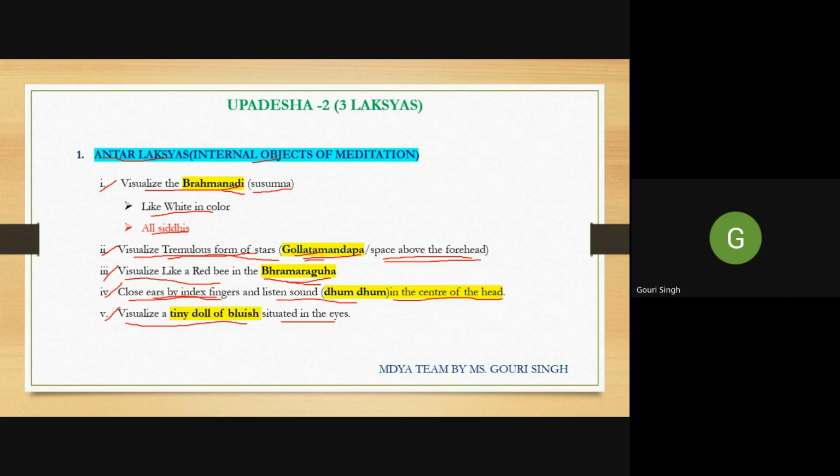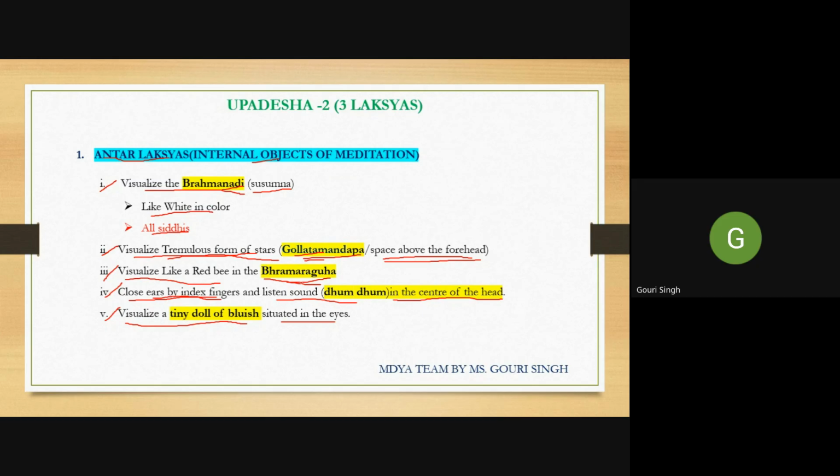Sukanya ji, you are a little bit confused between Brahma Nadi and Brahma Granthi. Brahma Granthi is different and Brahma Nadi is different.